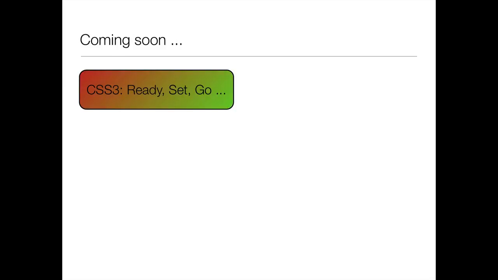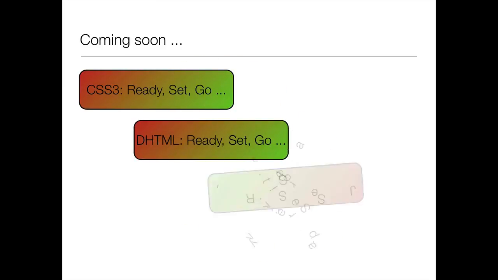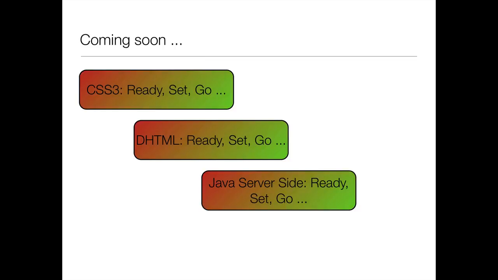If you wish to go further than that, then do the CSS, do the DHTML, and there are various approaches to the server side. You'll see courses on PHP during the autumn, then my course on Java server side will go up.